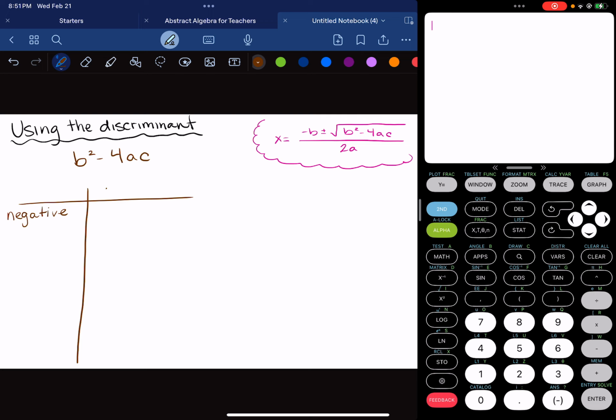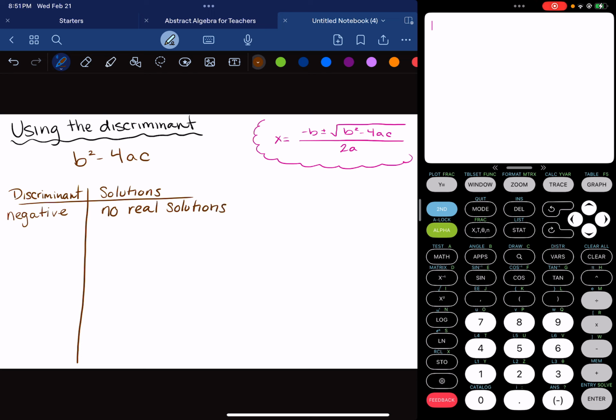So when we think about the solutions, this is the discriminant side. When the discriminant is negative, the number of solutions is going to be no solutions. No real solutions, because we cannot take the square root of a negative number.